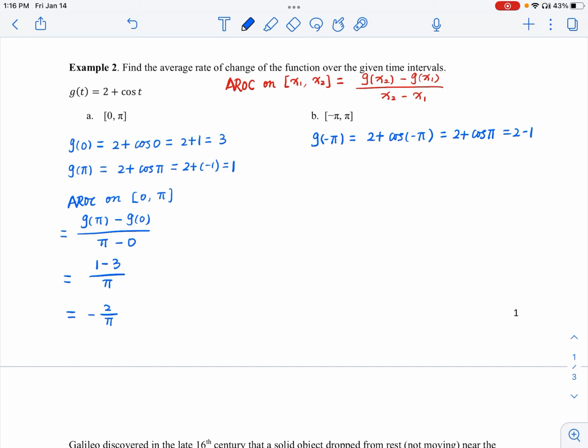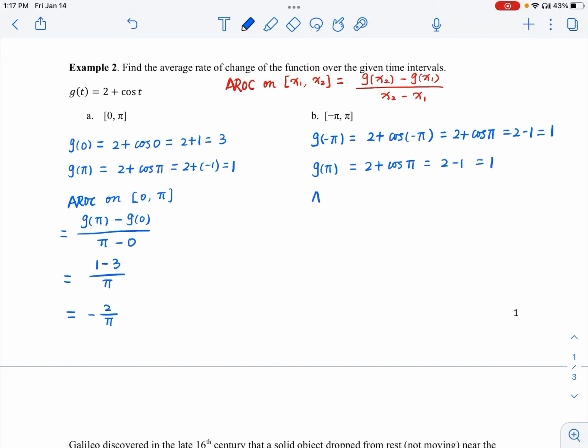Cosine pi is -1, so g(-pi) equals 1. g(pi) is 2 plus cosine pi. That's 2 minus 1 equal to 1. If you don't remember those values of the trig functions, you can use a chart. You can also use your calculator.